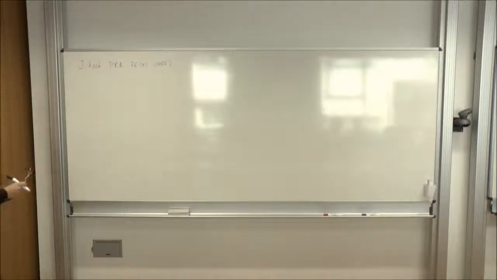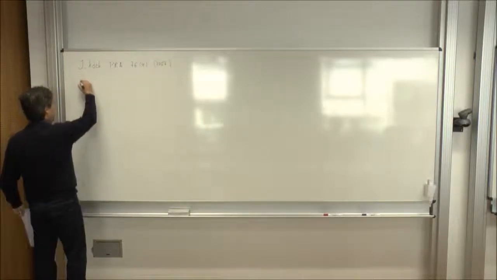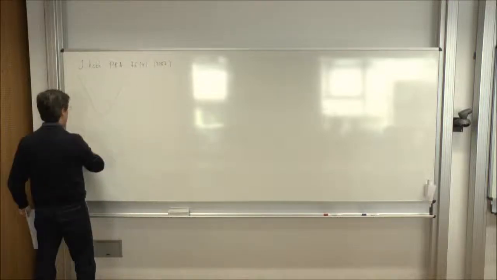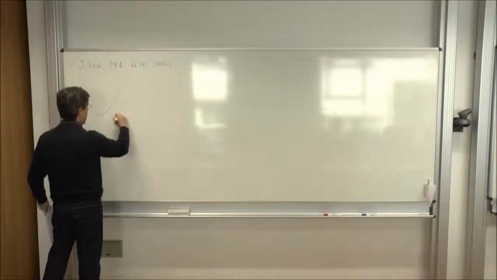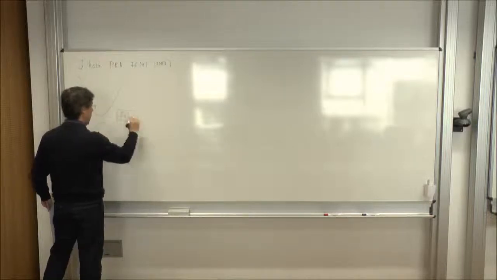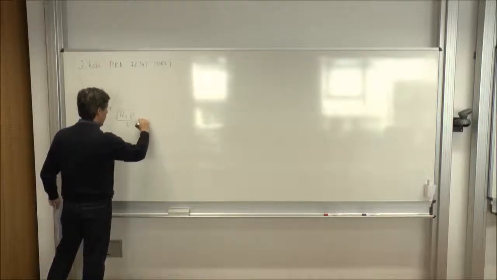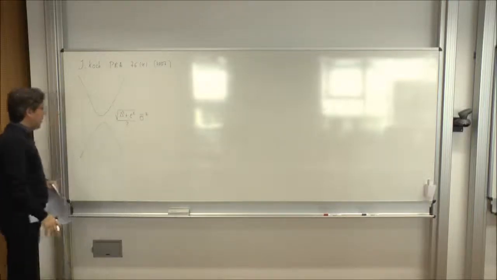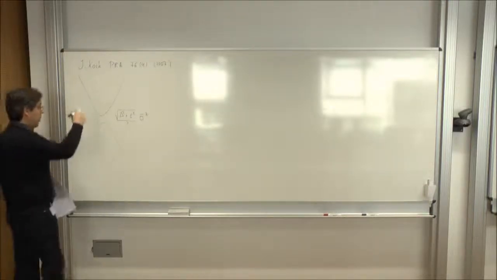So we have this charged qubit, which has its own qubit hyperbola, like this, square root of delta square plus bias field square divided by 2, with some effective Pauli operator describing the two levels.